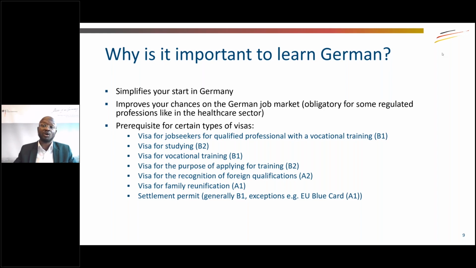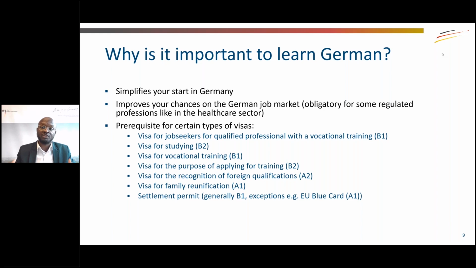For example, if you are a holder of an EU Blue Card, your wife or husband who is coming to you doesn't need to prove A1 German. So it depends, but in general cases, you must prove at least A1.